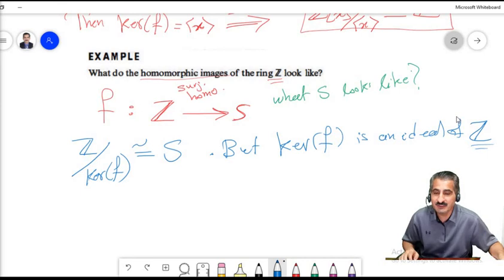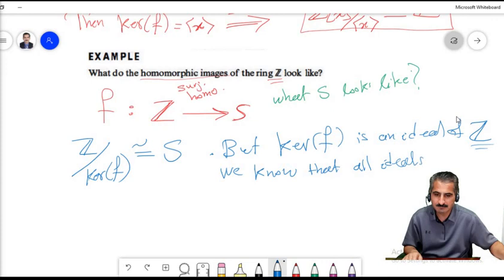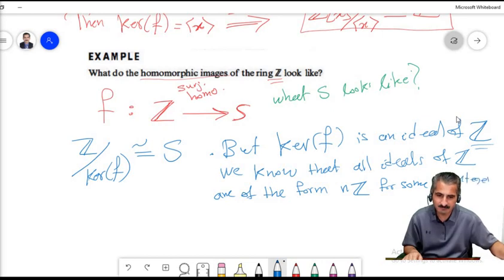And we know that all ideals of Z are of the form nZ for some integer n, right?